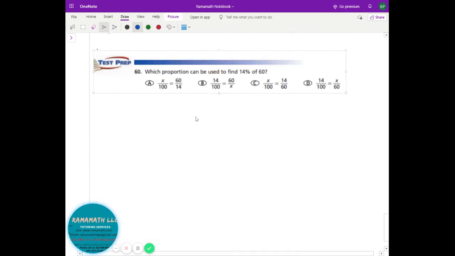It's like 14% means 0.14 times 60. So if you look at it, which one makes sense, and definitely you can use that one also. So when you see this one, cross multiply, because when we did this one, we did the cross multiply. If you multiply these two, first A, that's going to be 14x equals 60 times 100.